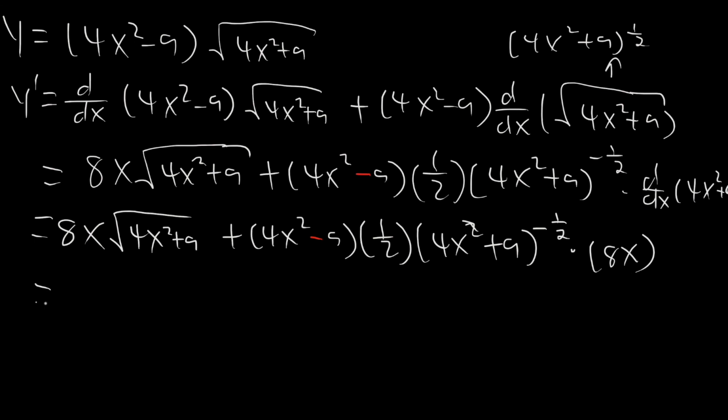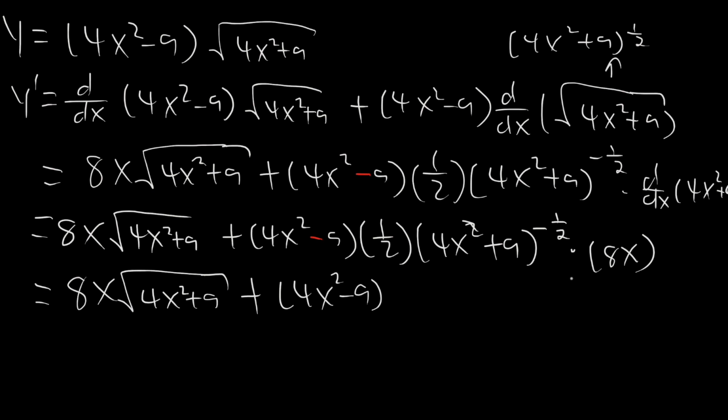So this is equal to 8x times the square root of 4x squared plus 9, plus 4x squared minus 9 times, so 1 over 2 times 8x is going to be equal to 4x. 4x times 4x squared plus 9 with the power of negative a half. So this is equal to the square root of 4x squared plus 9.